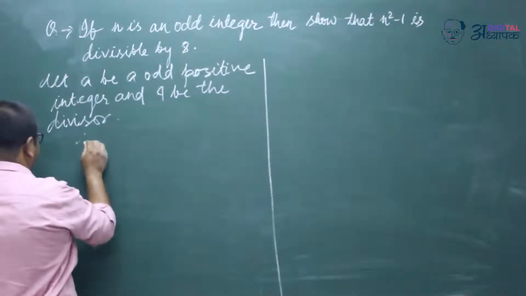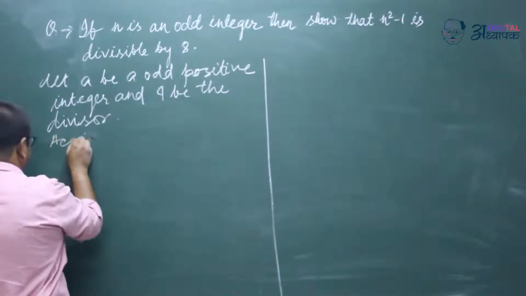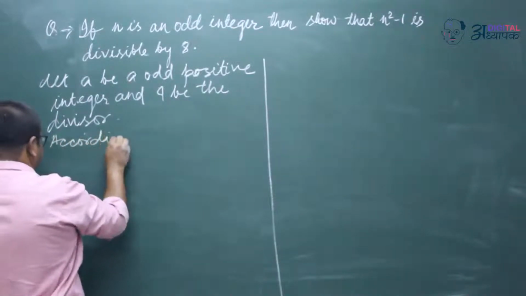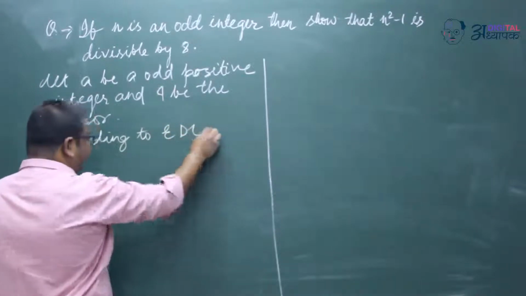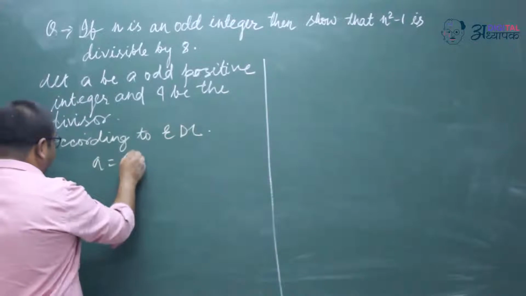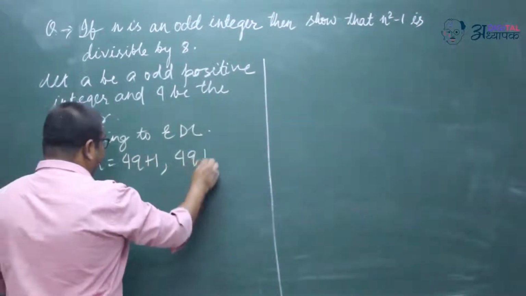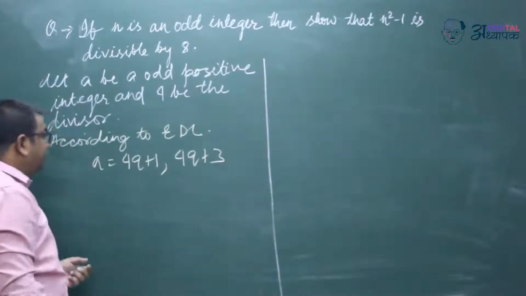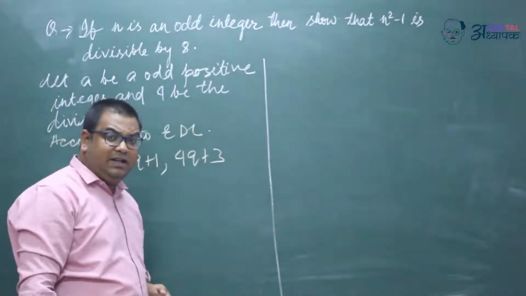According to EDL, as a is an odd number, a will either be equal to 4q plus 1 or it will be equal to 4q plus 3. Now students, in both the cases I have to show that n square minus 1 is in the form 8m.